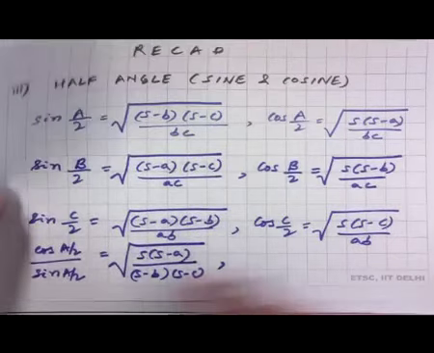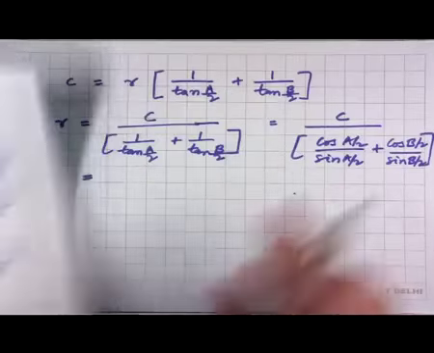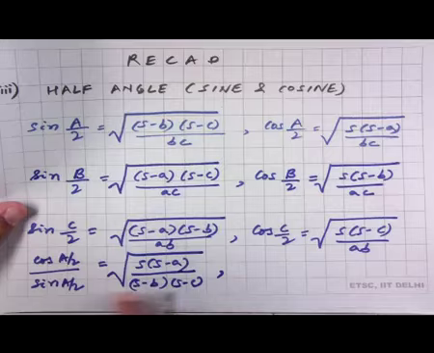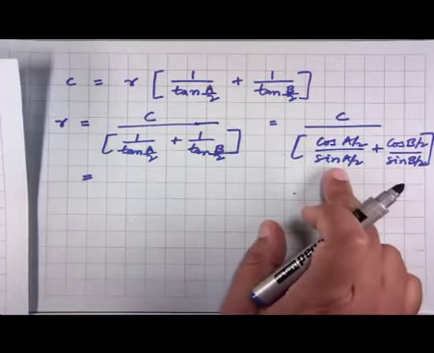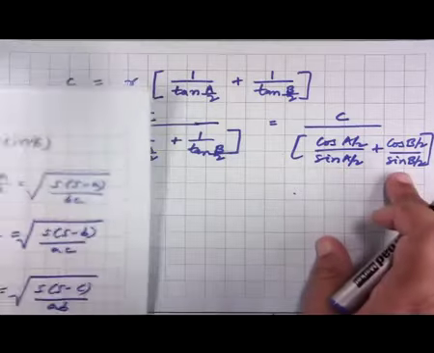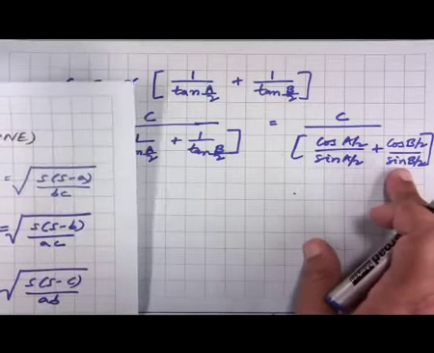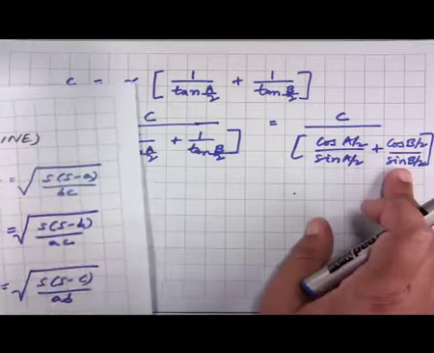So we are going to replace this by this right hand side in this equation, and then we also need to find the value of cos B by 2 divided by sine B by 2.